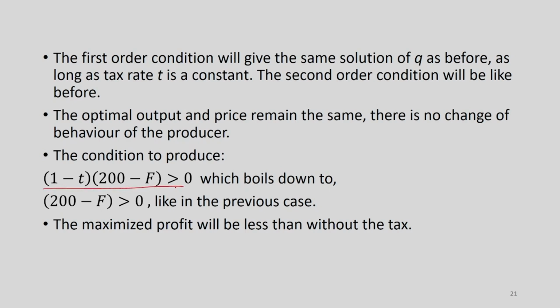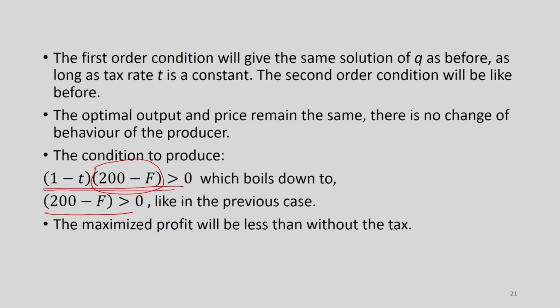That depends on the profit, it has to be positive. So, this is the maximized profit, 1 minus t multiplied by 200 minus f, and that is actually the same condition because 1 minus t is just a constant, right, and this is positive. So, what matters is this part, this has to be greater than 0.